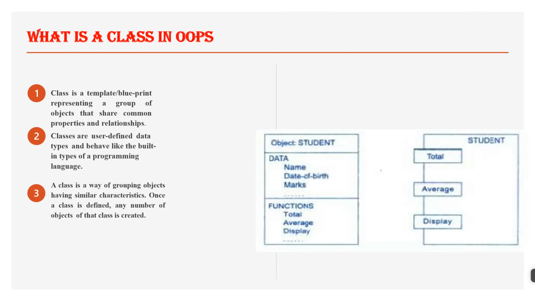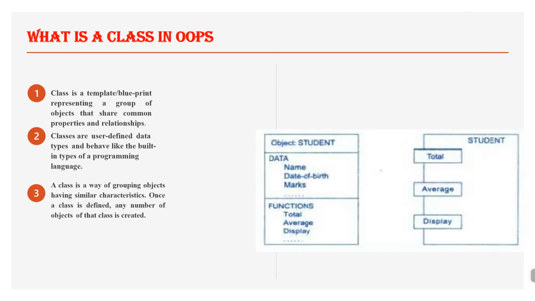Class is a template or it is a blueprint representing a group of objects that share common properties and relationship. What do we mean by that? It is a blueprint. As I mentioned, student.